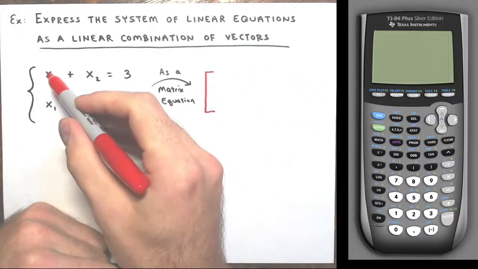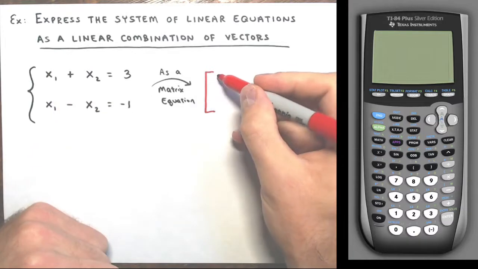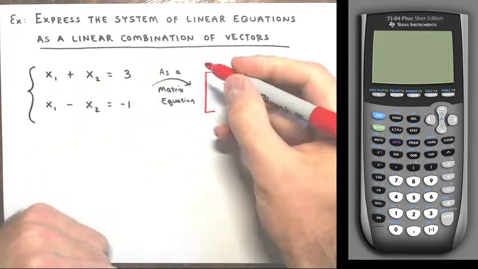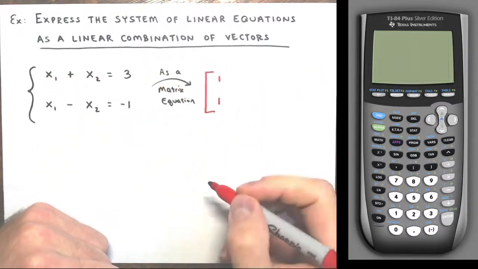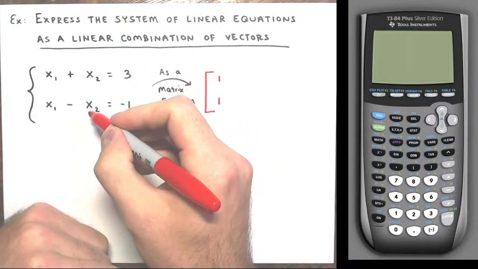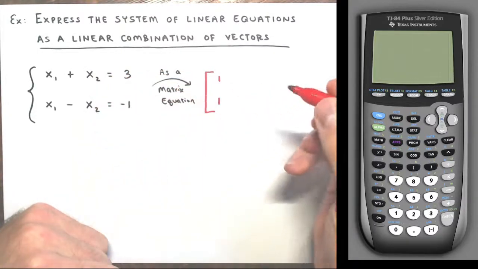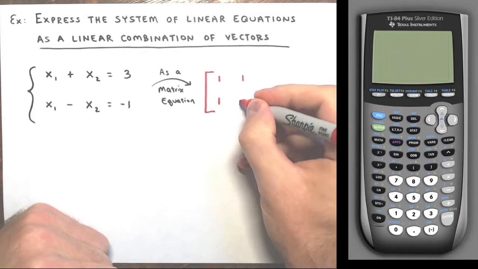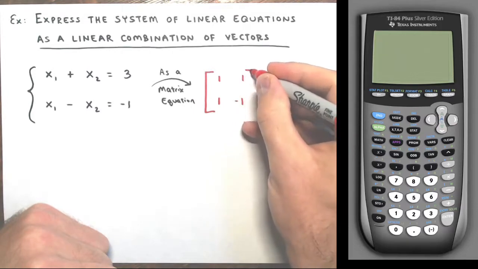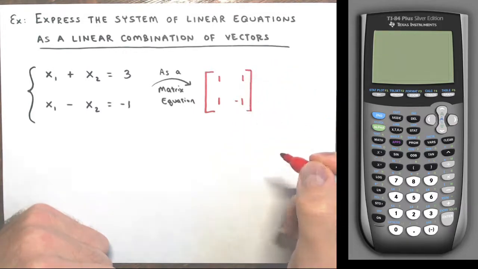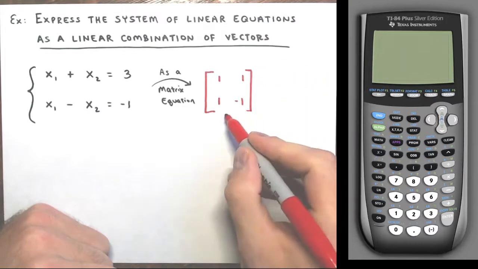I have a coefficient matrix where down one column go the coefficients of x1, so 1 then 1. Then down the second column go the coefficients of x2, so 1 then negative 1. There's the coefficient matrix, and it's a 2 by 2.